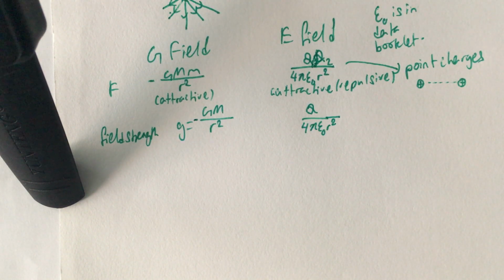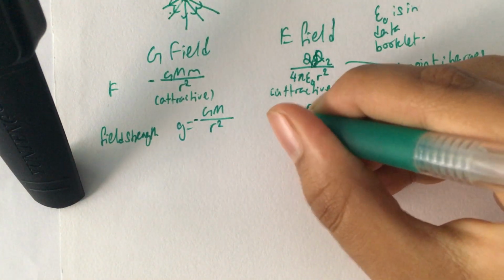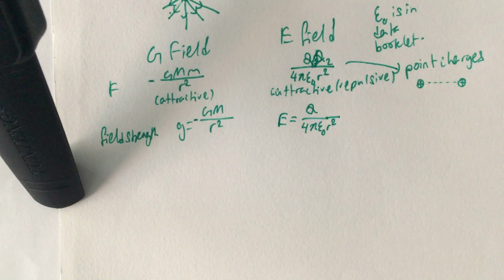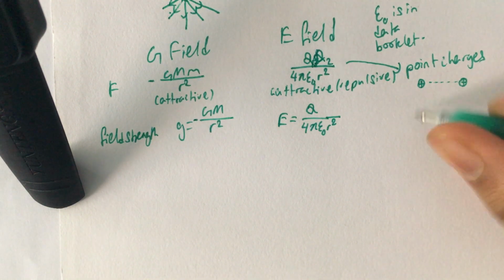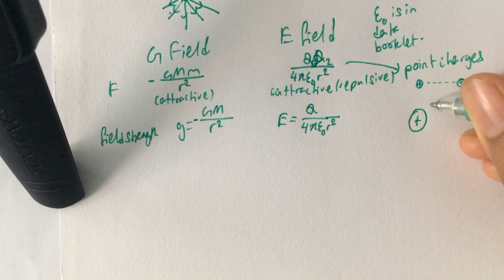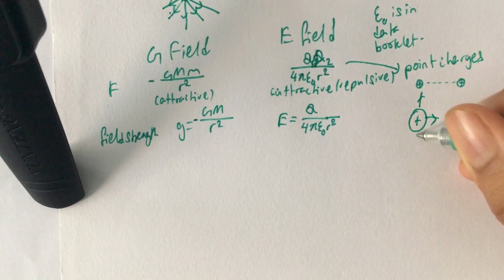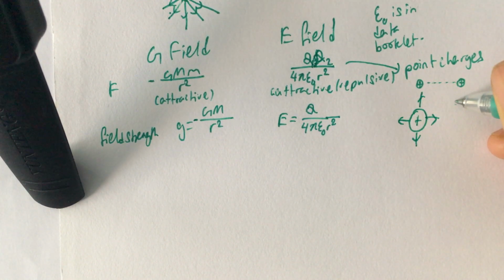And in electric field, you would get what we call E, the electric field strength, E equals Q, which is the charge that is producing the strength, over 4 pi epsilon naught r squared. Okay, so the electric field strength is based on a point charge in free space or air, and I think once again it's probably a positive charge, or a negative charge also, I guess.